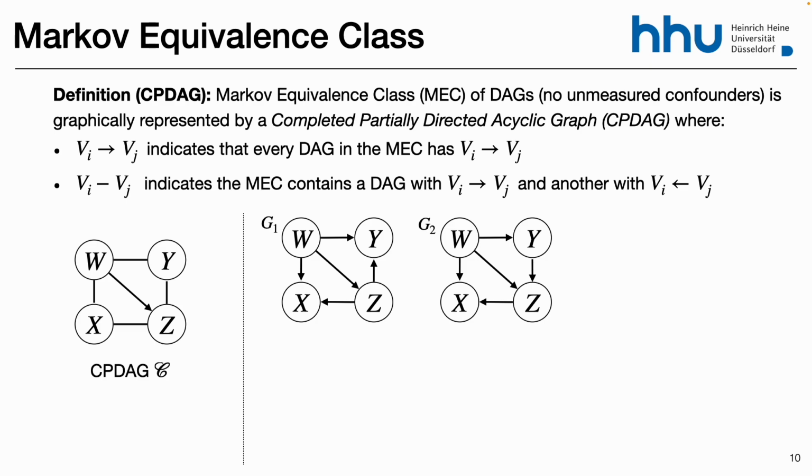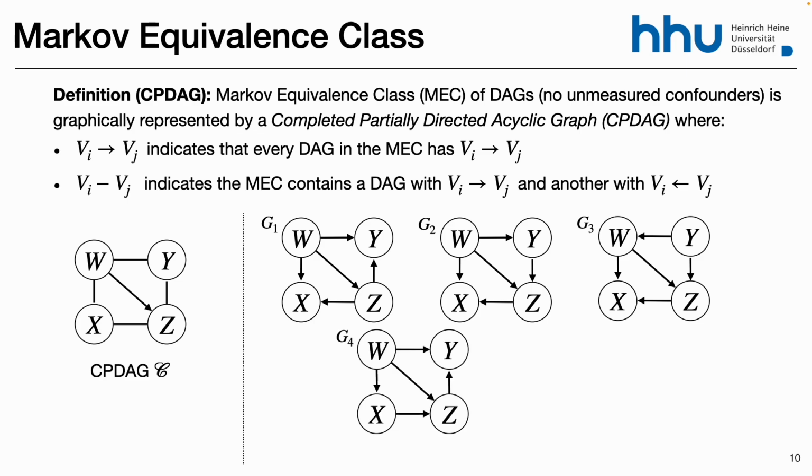Right. So I can list all the graphs that are not forming an unshielded collider triplet, but I'm keeping the arrowhead into Z here, right? They all have W pointing to Z, so this is the invariance that appears there.